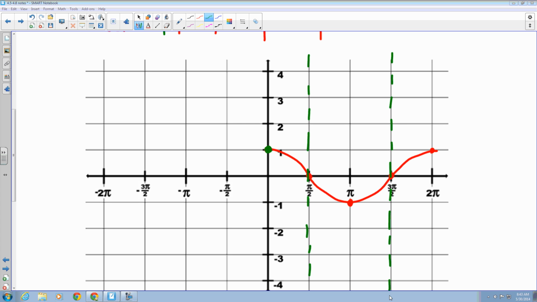So this is a little bit different because we're not going to draw in the whole parabola. You can if it makes you feel better, but I really only need you to draw the same half that is showing for cosine. So this one will be the whole one. But otherwise, you're just drawing little halves of parabolas for secant.